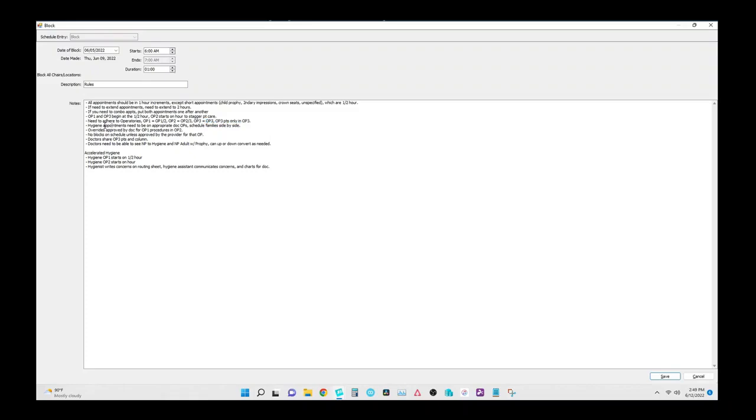Hygiene appointments need to be on the appropriate doctor operatories, okay? So when doctors are pulling, or when we're overflowing from hygiene and accelerated hygiene, a prophy needs to go onto OP1 or OP2, preferably on that OP1 as it's designated on the appointment type, okay? Those prophys a lot of times take up just as much time, or maybe even more time than a crown preparation.